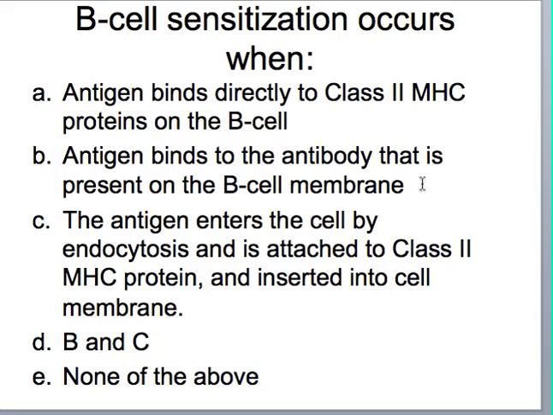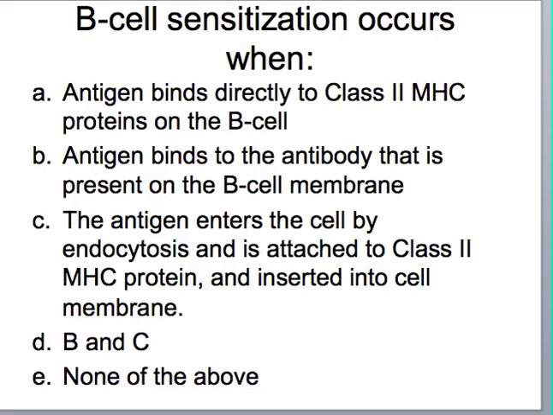So here's a question for you. B cell sensitization occurs when: A, the antigen binds directly to the class 2 MHC proteins; B, the antigen binds to the antibody that's present on the B cell; C, the antigen enters the cell by endocytosis and is attached to the class 2 MHC protein and then is inserted into the cell membrane; or is it B and C, or is it none of the above?